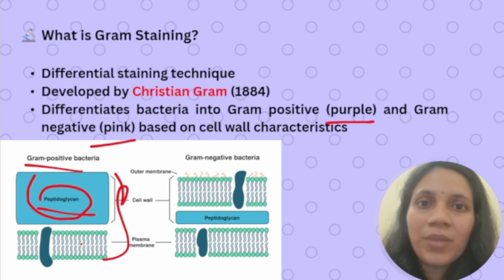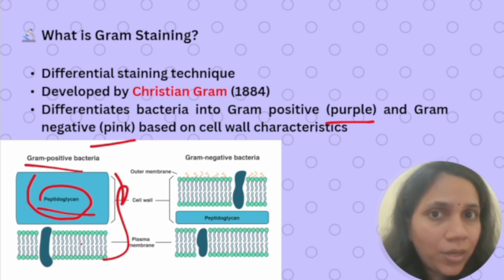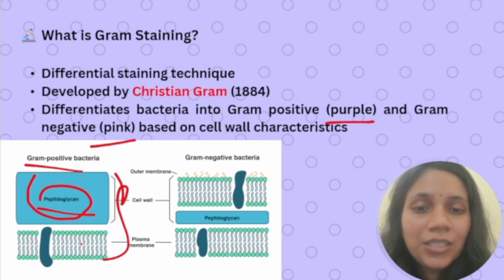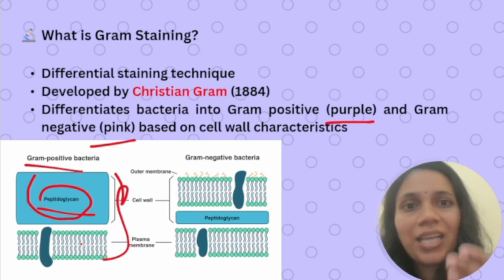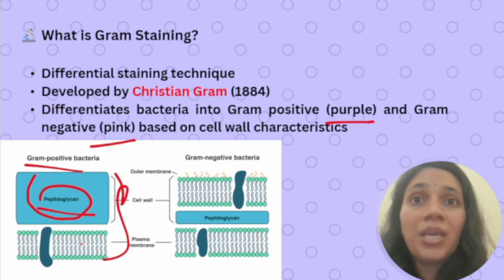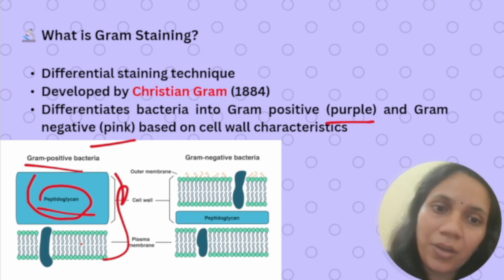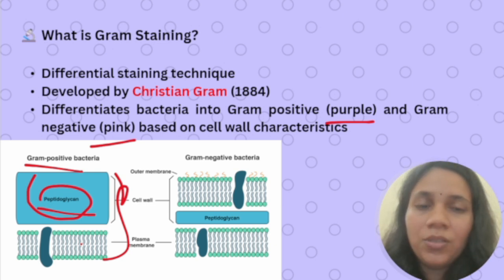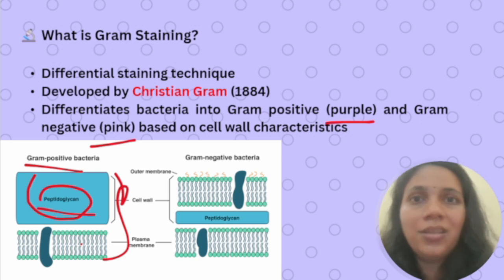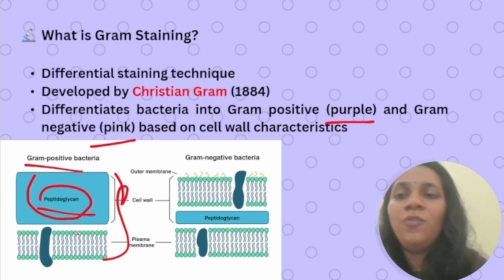Whereas in gram negative bacteria, because the peptidoglycan is very thin, this complex is washed off and the counterstain is taken up. That's what makes it pink in appearance. So this is the basic difference and the common link between the theory and the practical of staining.